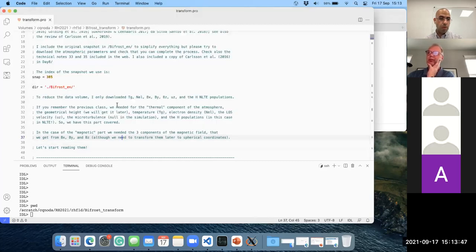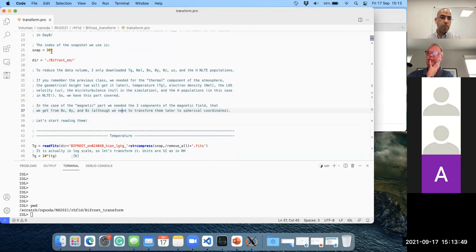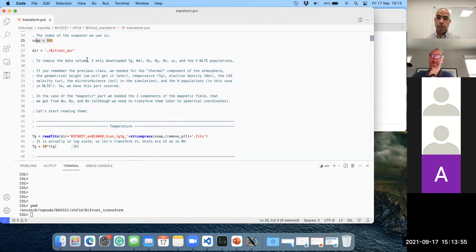Okay. So then I just use this for defining the name of the snapshot. And as I said, I only downloaded the atmospheric parameters that are required for RH. And those are temperature, electron density, the 3 components of the magnetic field, the line of sight velocity, and the hydrogen populations.